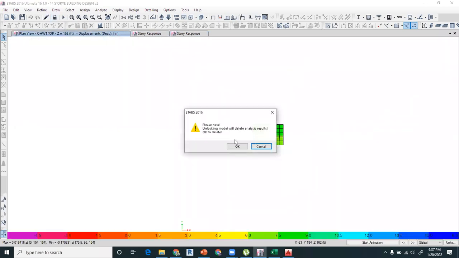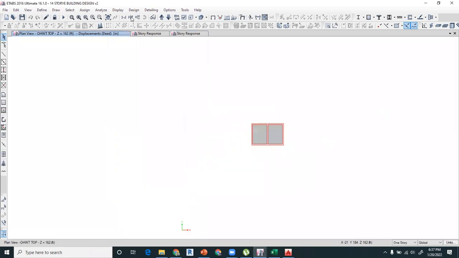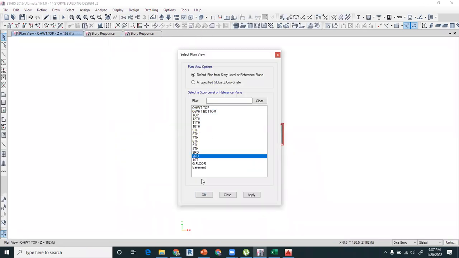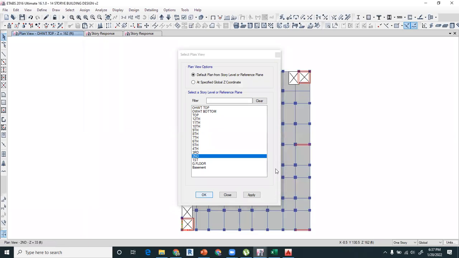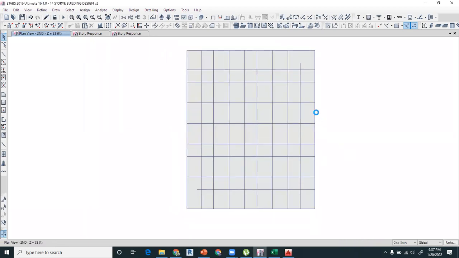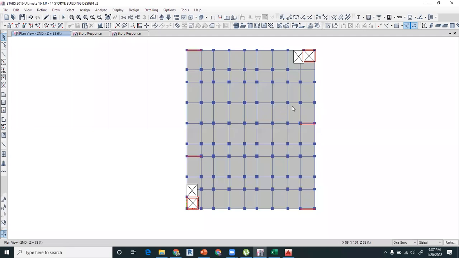Let us unlock this again and go to the plan, right? So now you have to select another location in order to control your drift, but before unlocking the model, you have to check in which location this drift is maximum.